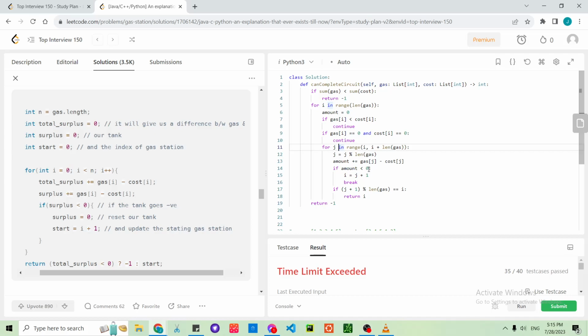When it's negative, we want to update the start to be the next one, and we break. Shouldn't this break out of this for loop, and then we'll just skip everything in between? Why is it not working?